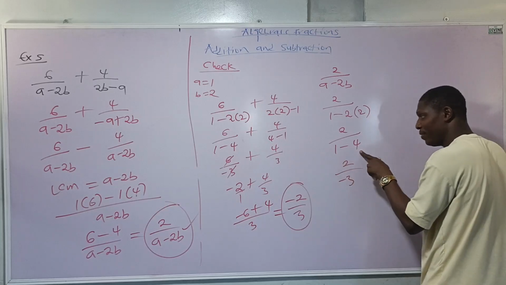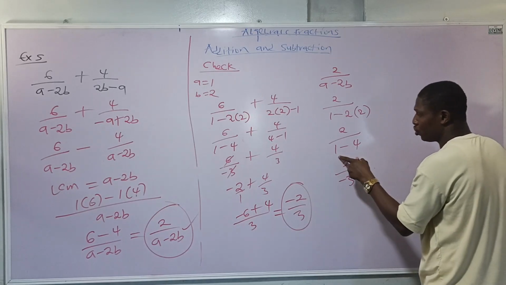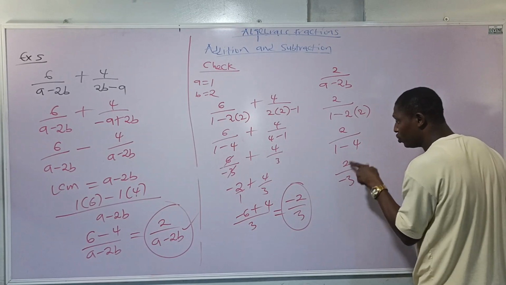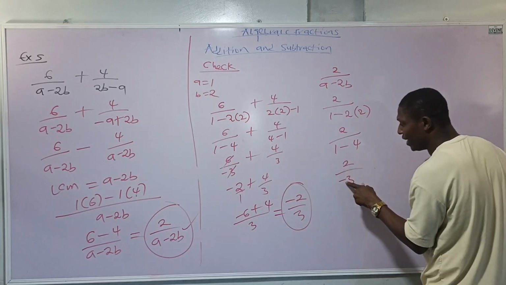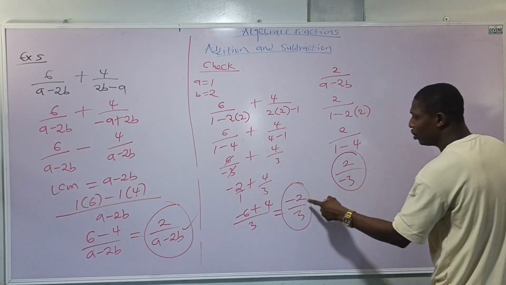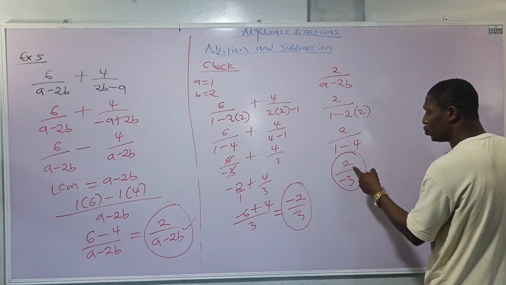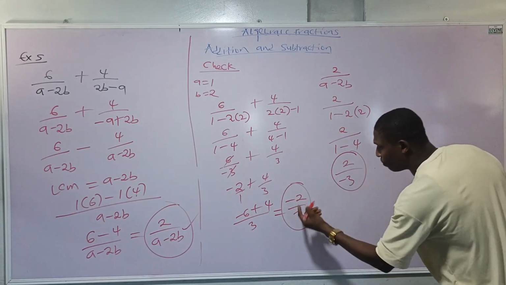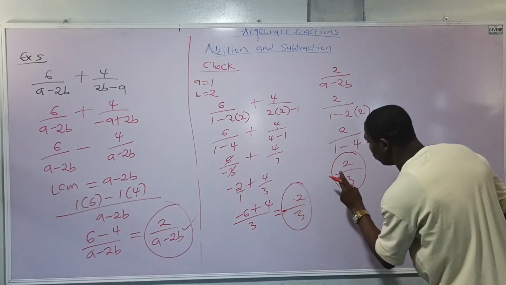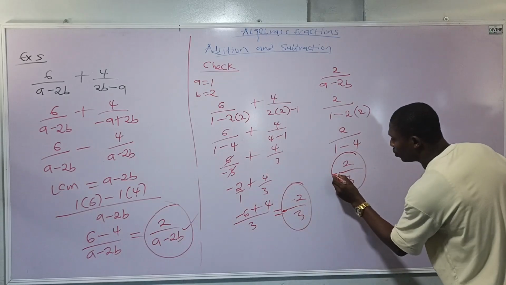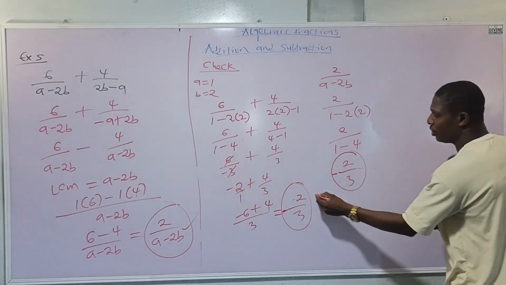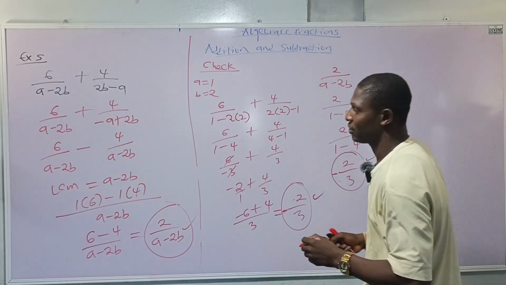Smaller number subtracting a bigger number: you use the bigger number to subtract the smaller number and you put a negative sign. So you can see that minus 2 over 3 is equal to 2 over what? Minus 3. Because the minus can be on either position. You can put it in between the subtraction sign. So both are what? Correct.